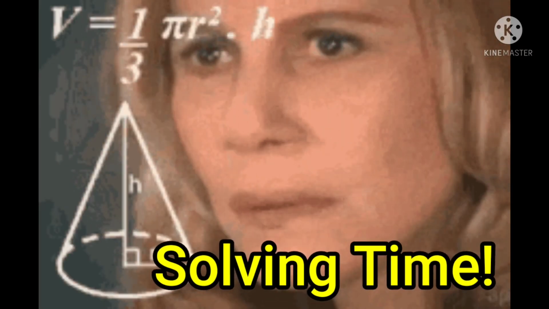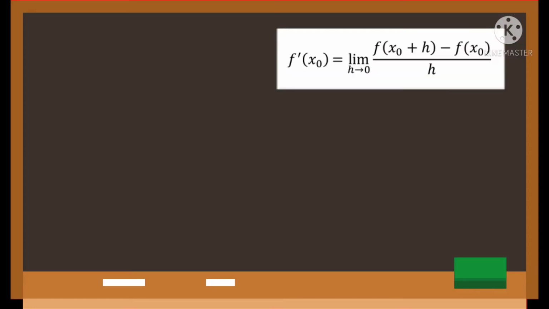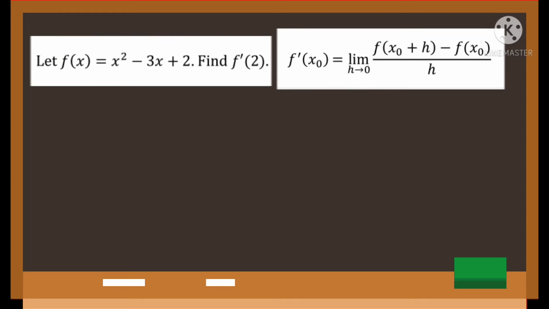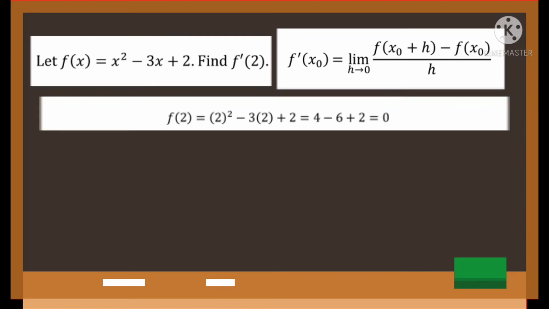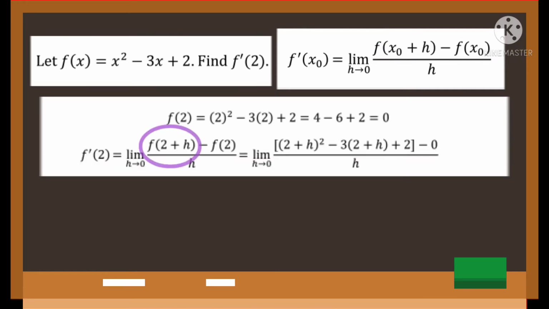Solving time! Let us now use this definition to find the f prime of 2 of this given function. First, let's compute f of 2. Replacing x sub 0 with 2, we are going to have this expression, which means we have to evaluate the function at the quantity 2 plus h.